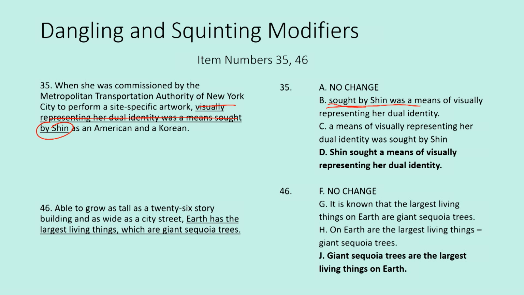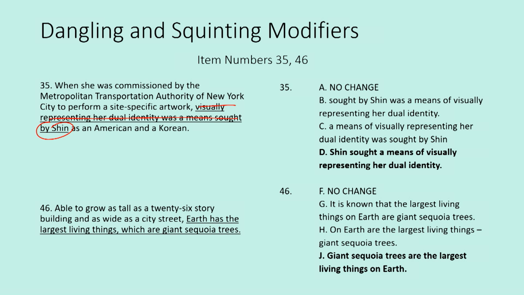What was sought by Shin? Can you tell? I can't either using that representation. So let's look at C. When she was commissioned by the Metropolitan Transportation Authority of New York City to perform a site-specific artwork, a means of visually representing her dual identity was sought by Shin as an American and a Korean.